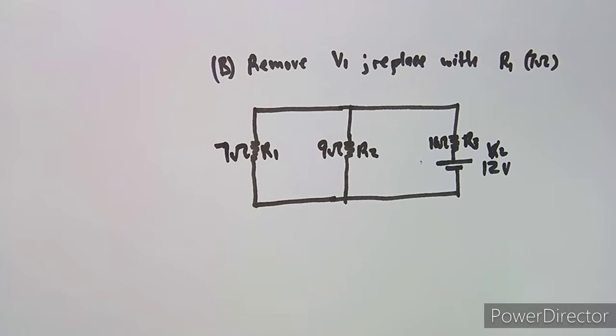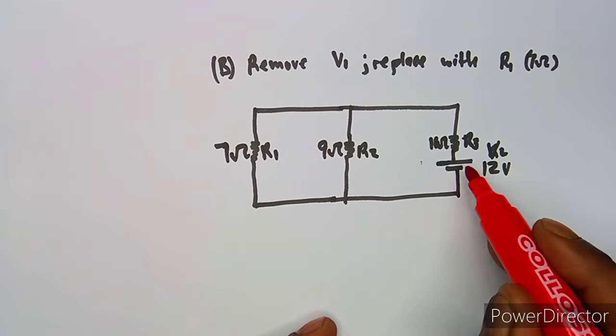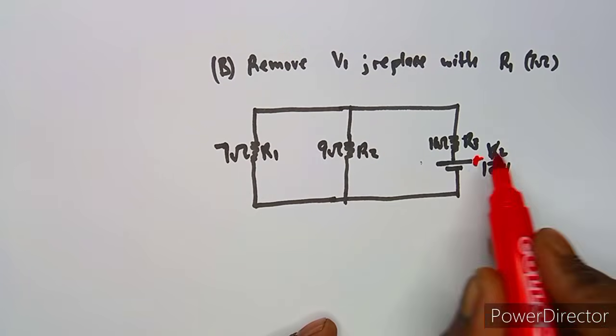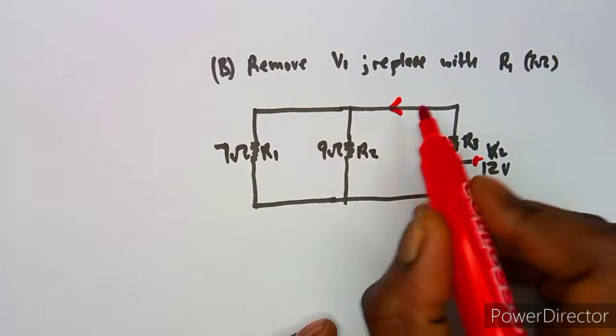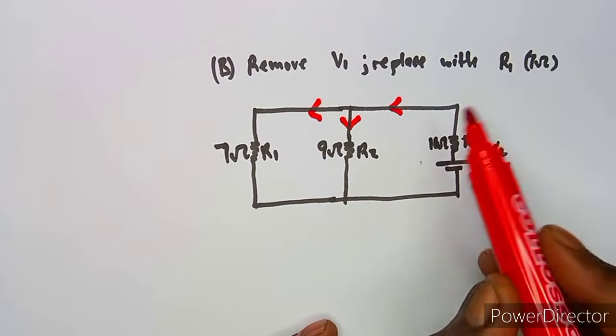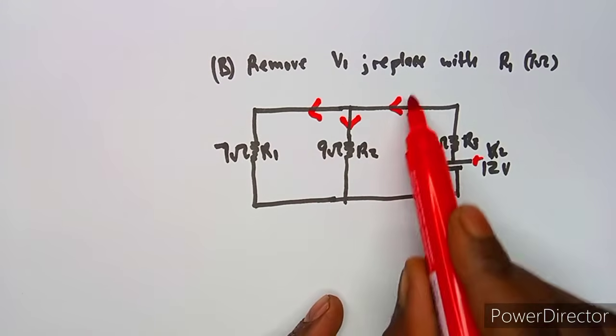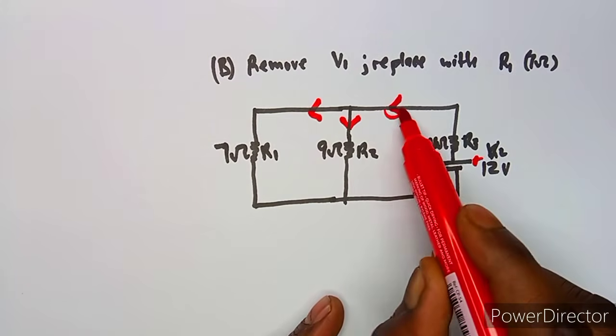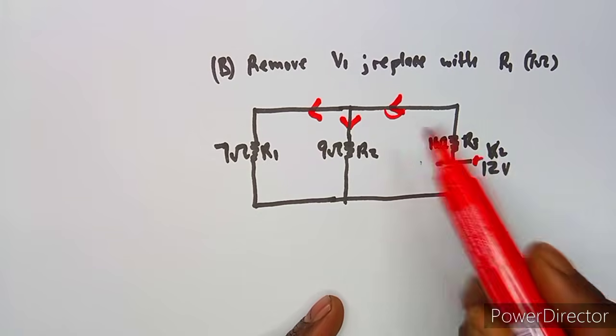So according to this circuit diagram, what we have to ask ourselves now is, how is the current going to flow? From the positive, it's going to flow this direction, and branch here and branch here. This is now our supply current, from the resistor 3.